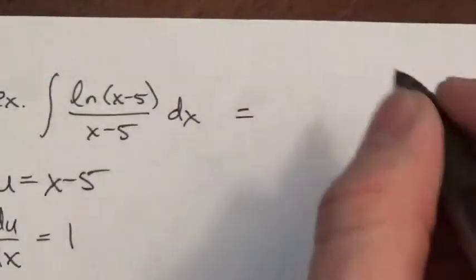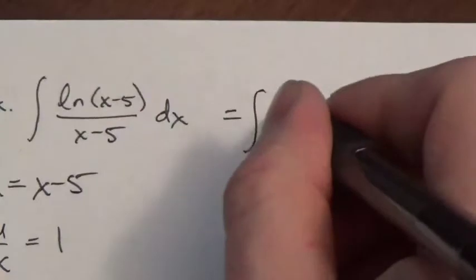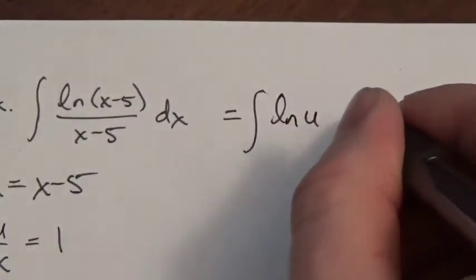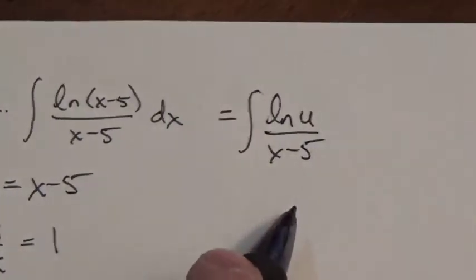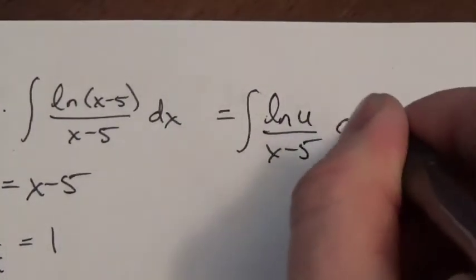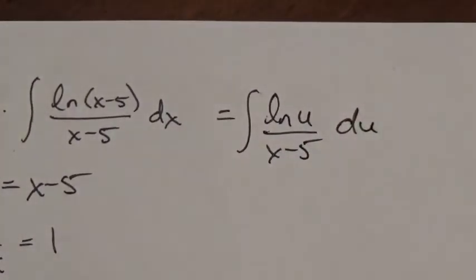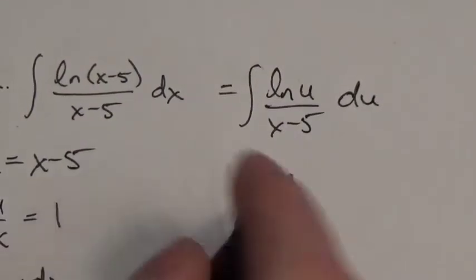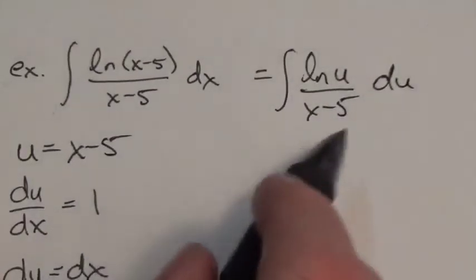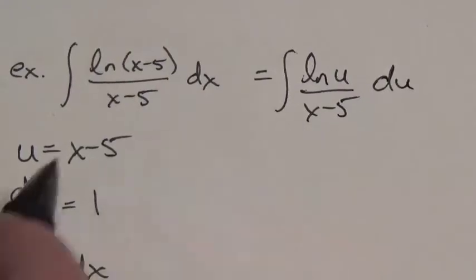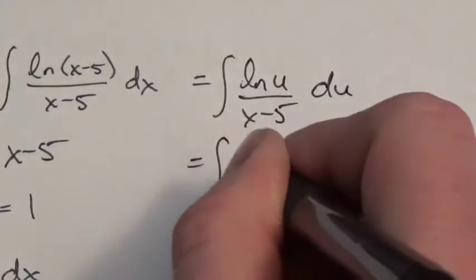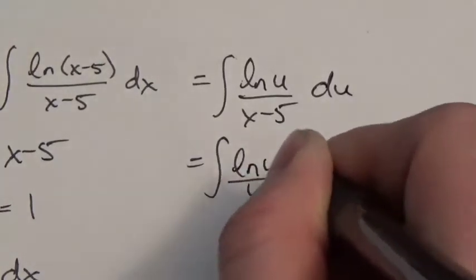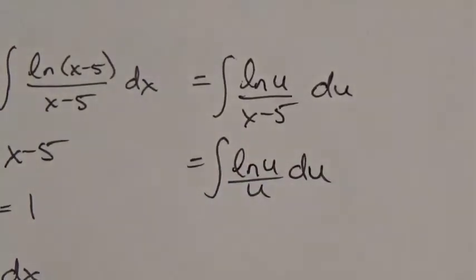Okay, and so this would end up being the integral of the natural log of u over x minus 5. And then I would have this du on the outside here. Well, okay, I'd like to get rid of that x minus 5 there. Well, I know that that's equal to u. Okay, so I can make this the integral of the natural log of u over u du.